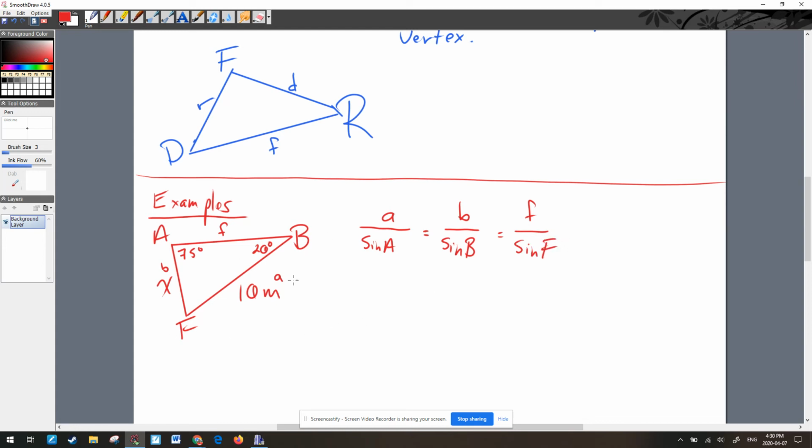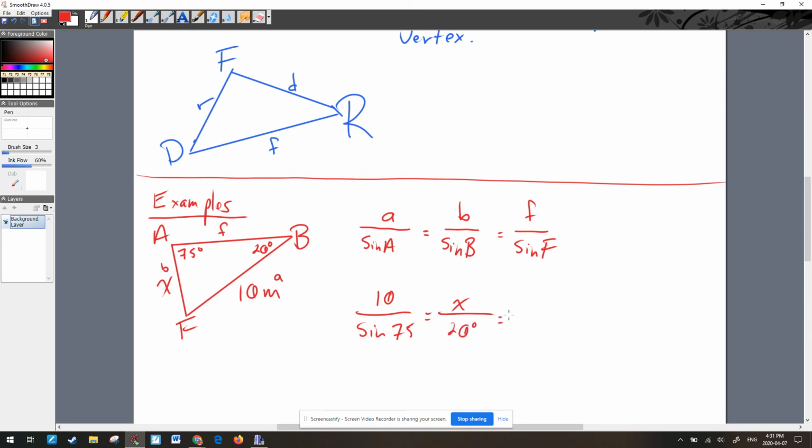Now, I'm going to fill in everything that I know, including any variables. So lowercase a is 10. So that's going to be 10 in the numerator. And uppercase A, that's this vertex over here, so it's 75. So it's going to be the sine of 75 equals lowercase b. Well, lowercase b is x, so I'm going to put in my x over my uppercase B. My uppercase B is 20 degrees.